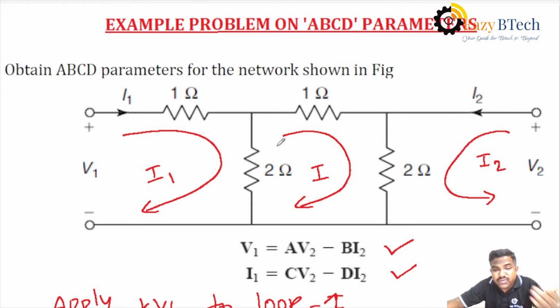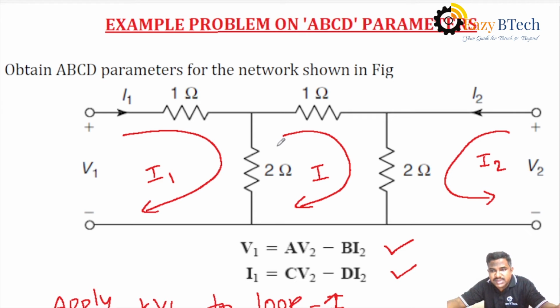A equals V1 by V2 when I2 equals 0. That is, in the given problem, suppose V1 and V2 values are given, then you can simplify. First step is to open the second port, that is, make the I2 value 0. Then find the V2 value. Then V1 by V2 equals A.